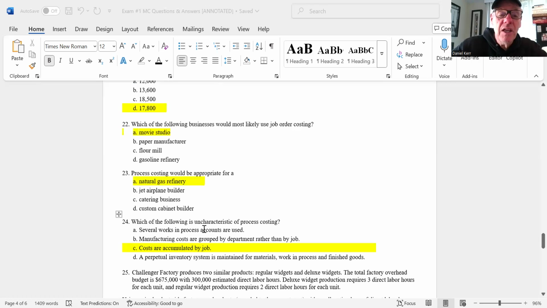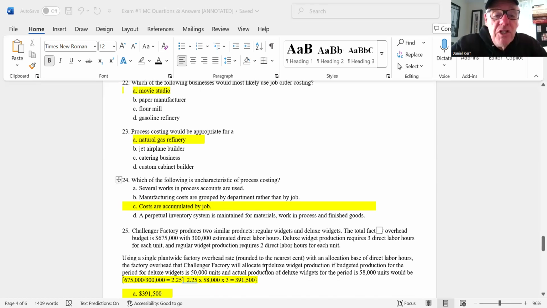So which of the following is uncharacteristic of process costing? Cost accumulated by job. You just don't do that in process costing. You're going to have several accounts, manufacturing costs grouped by department, and a perpetual inventory system maintained for materials, work in process, and finished goods. So the one that is uncharacteristic is C, costs accumulated by job. They're just not accumulated by job. That would be if you had job order costing.